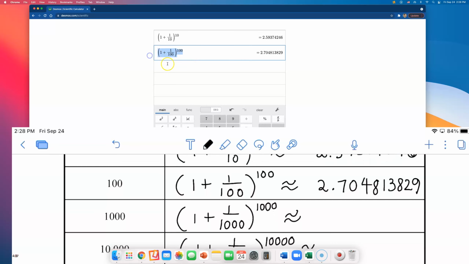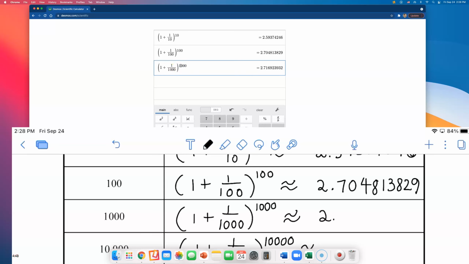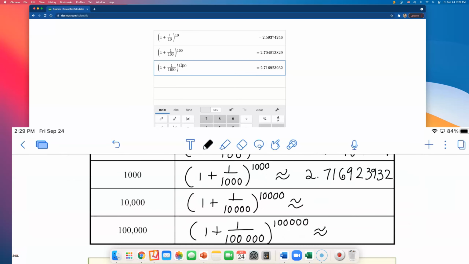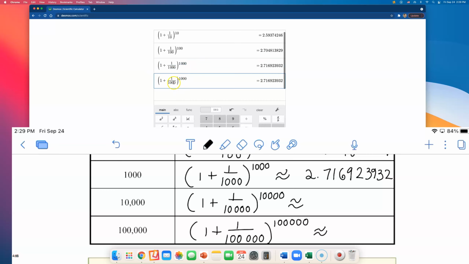Let's divide by 1,000 and raise it to the 1,000th power. Look at that: 2.716923. This is looking more and more like that one number that you may have seen before. I'm going to add one more zero here, one more zero there.